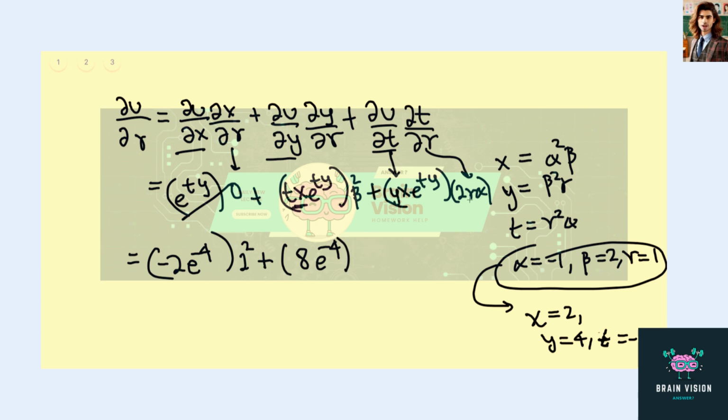And then 2 gamma alpha. All right, so here we have a -8 e to the -4. And then here we have another, no, this time we have -16, giving us -24 e to the -4.